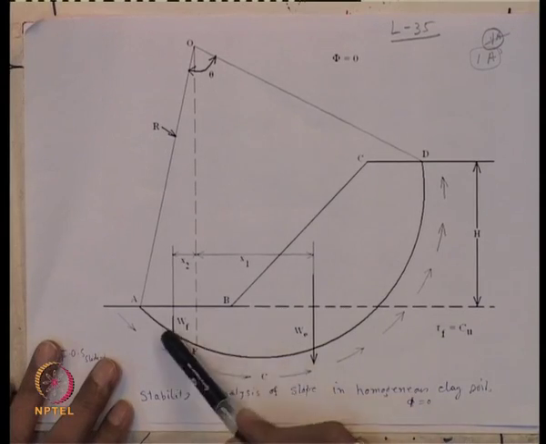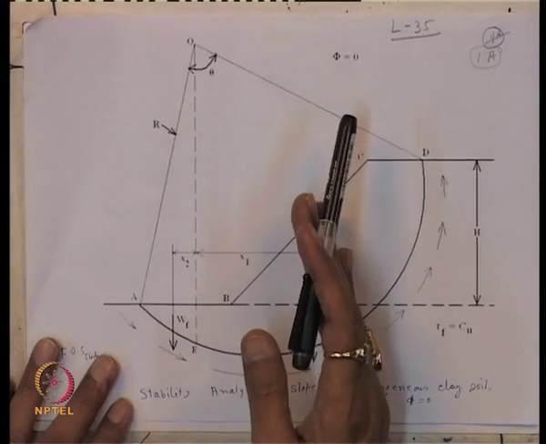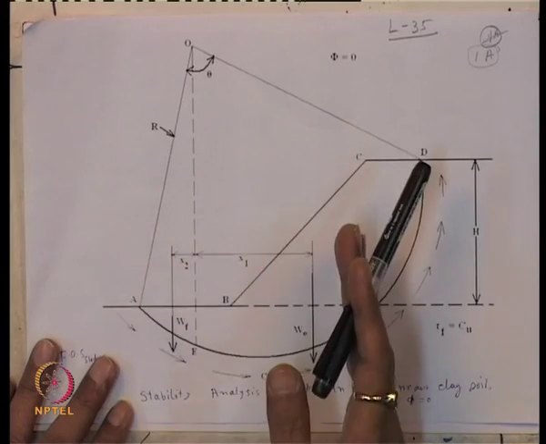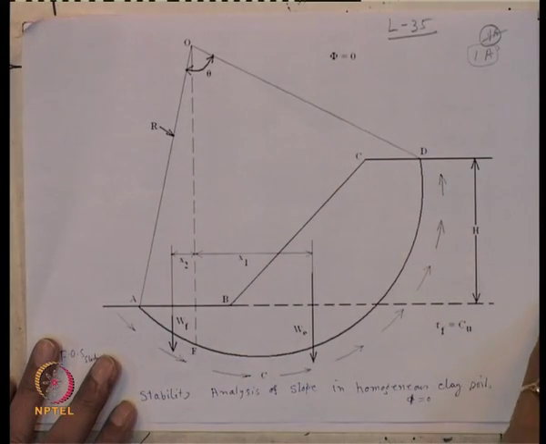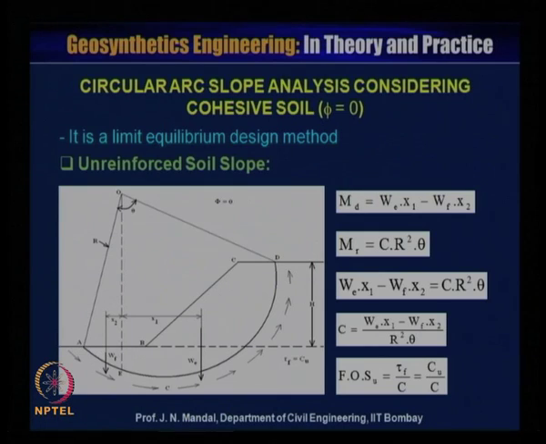So, for the equilibrium, this resisting moment will be equal to the driving moment. So, here it is shown that resisting moment is equal to the driving moment. W into x1 minus WF into x2 is equal to C R square into theta.